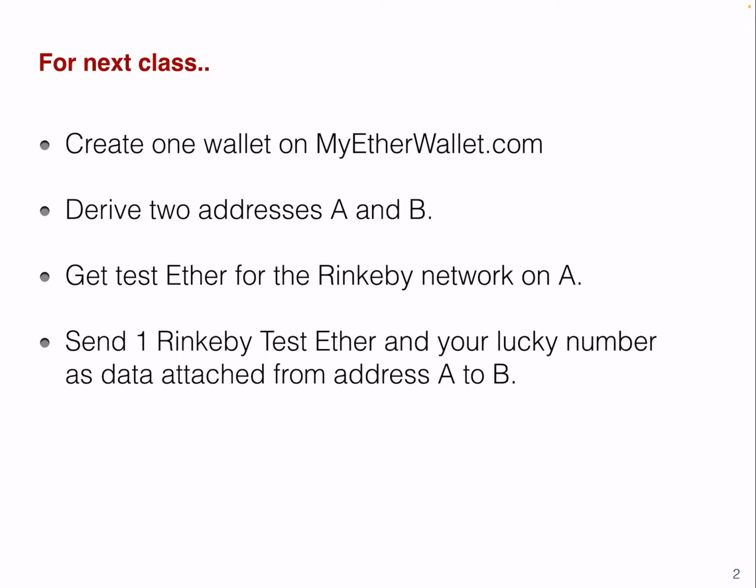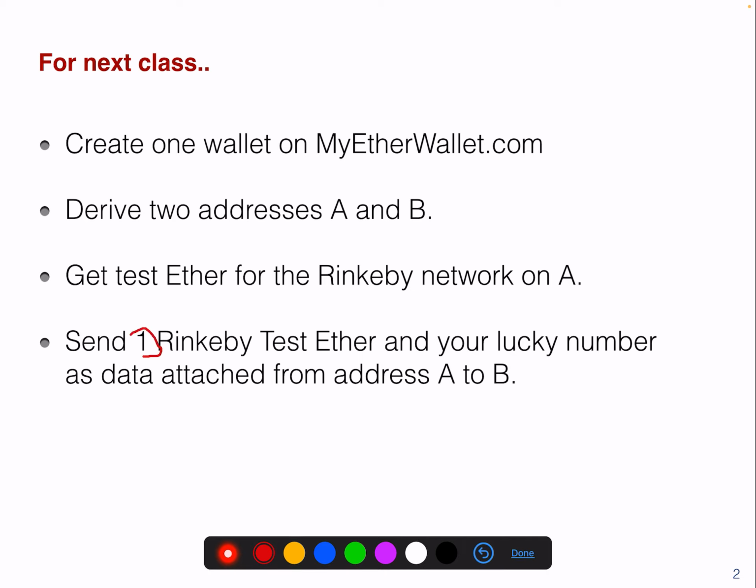These are the typical Rinkeby faucets. These are the typical websites that will provide you some funds towards the address. And then you can send one Rinkeby testnet ether to address B, with your lucky number as data attached, from address A to B. So you can create the transaction and you attach some data.